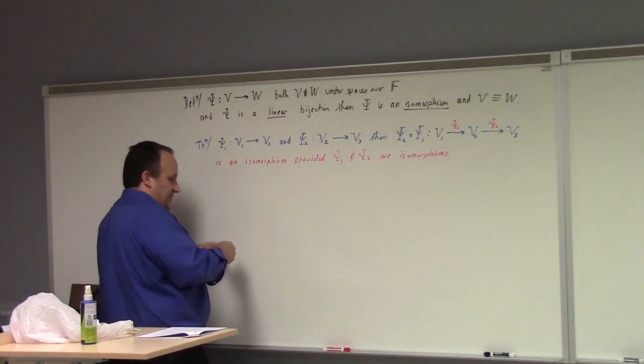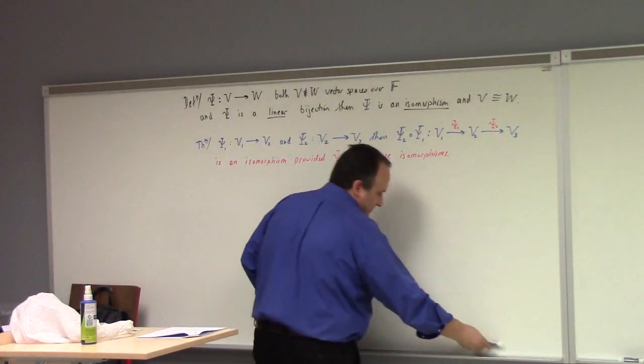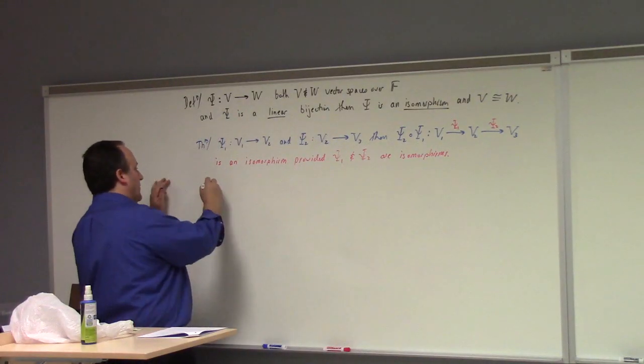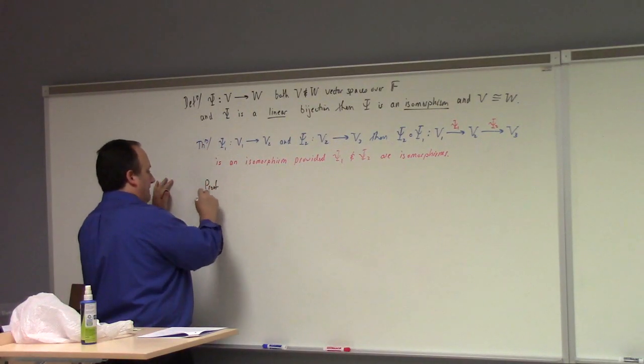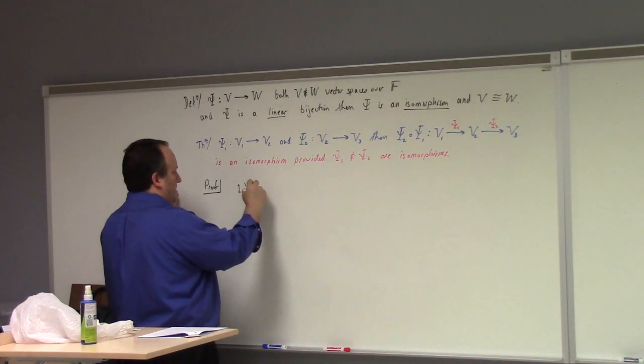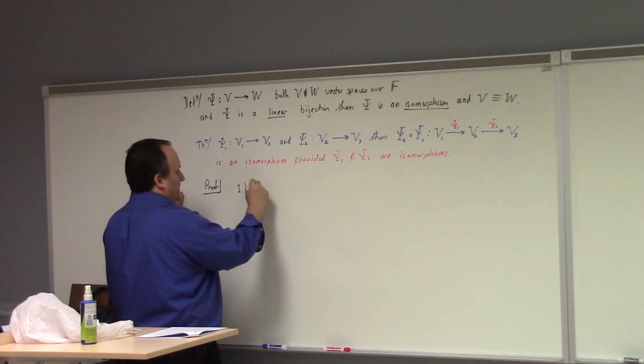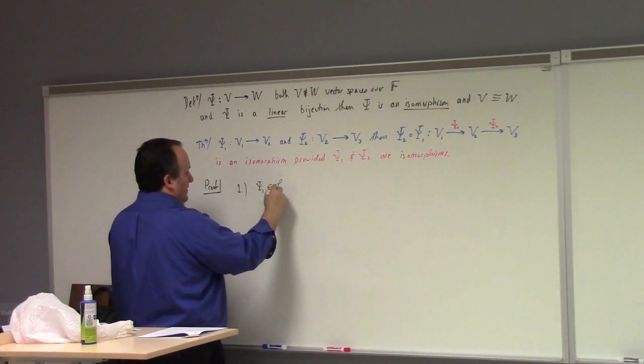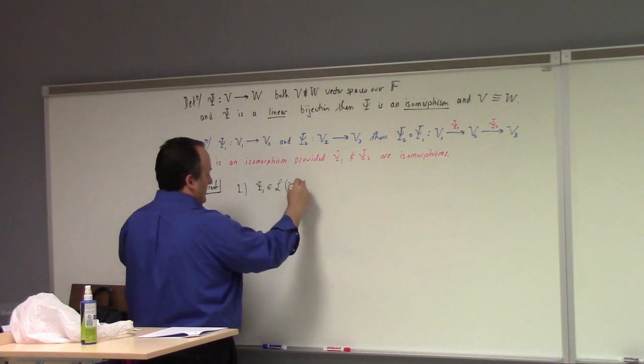So the proof goes like this. Let's just outline the proof at least. Number one, psi 1 a linear map from V1 to V2, right?